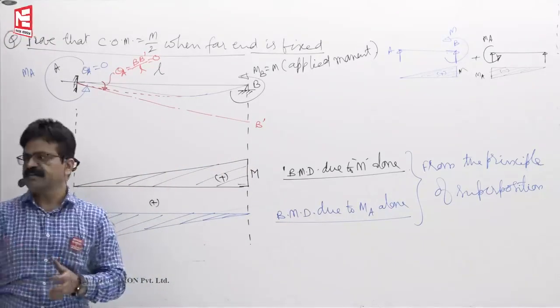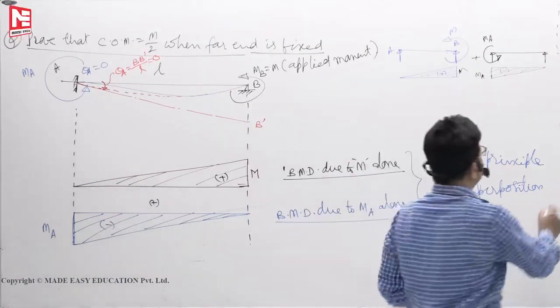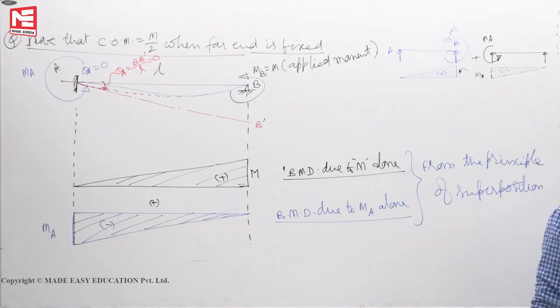So that is called compatibility condition, a relationship between the deformations. See here, from compatibility condition means a relationship between the deformations. Known deformation it is.